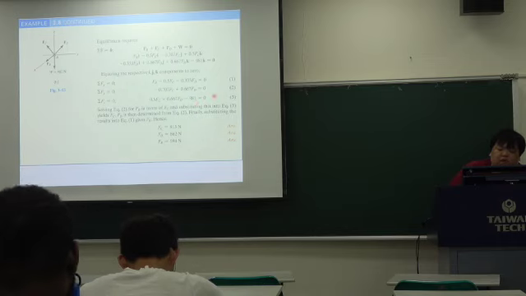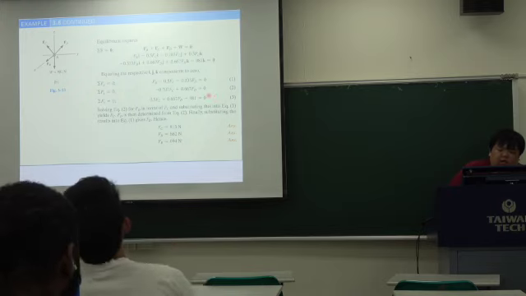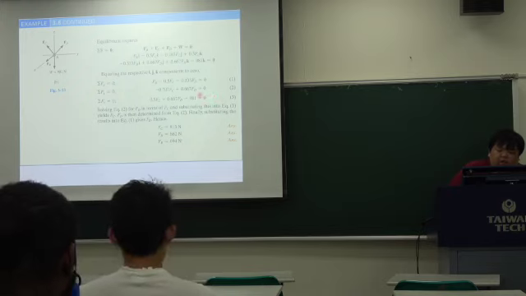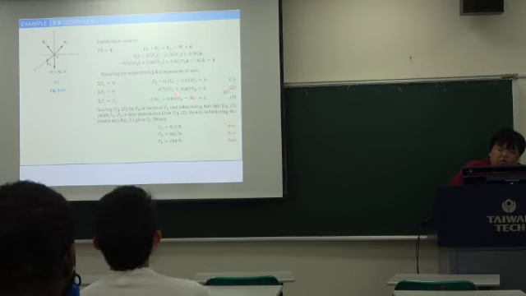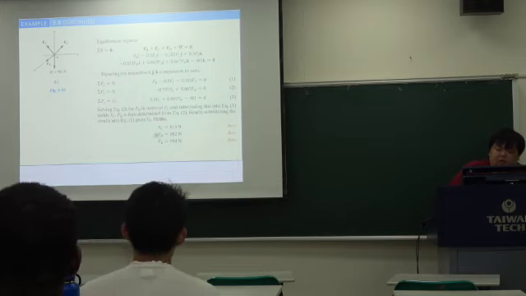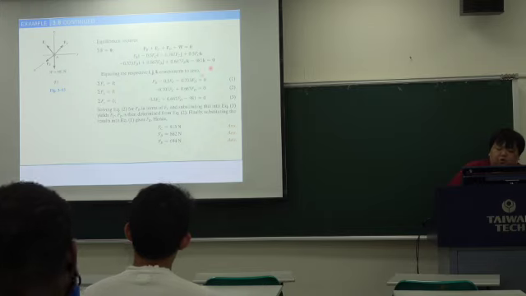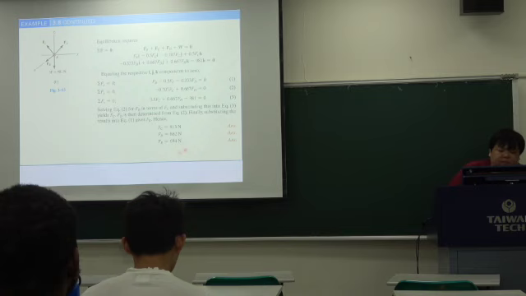Then we can get a relationship between FC and FD in equation 2 first. Then put this result into the equation 3. Then we can get the FC and the FD answer first. Then put this result into the equation 1. Then we can get the FB result like this.